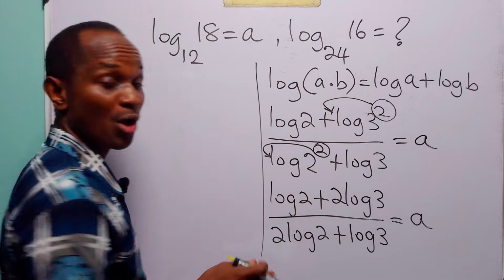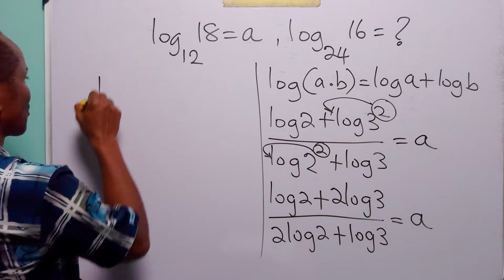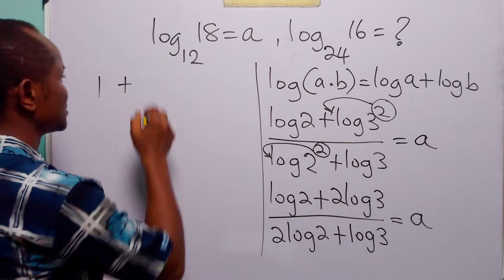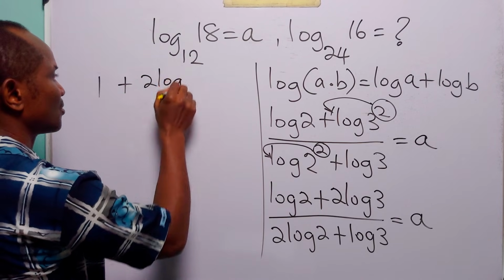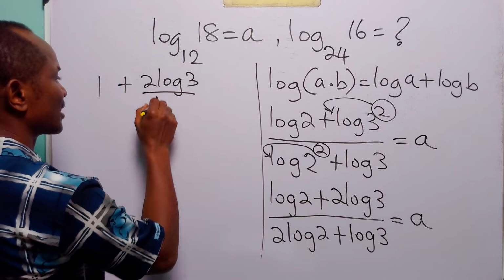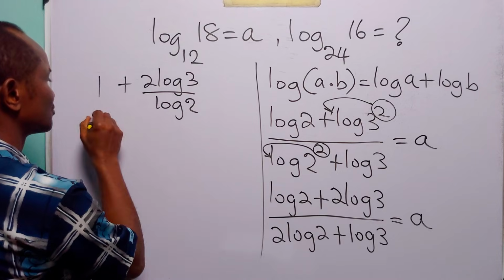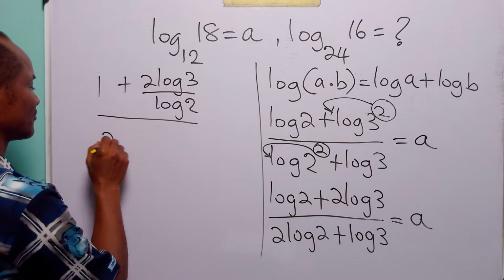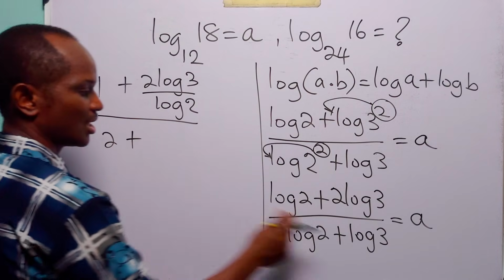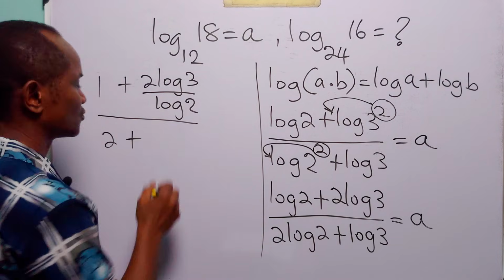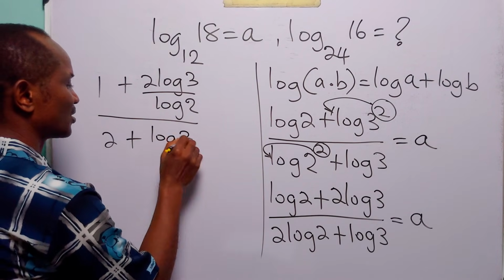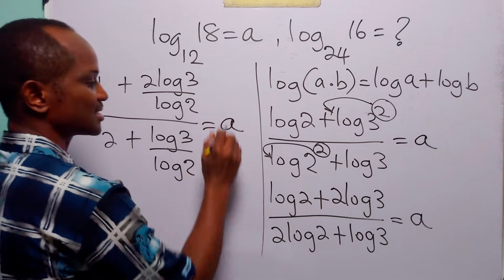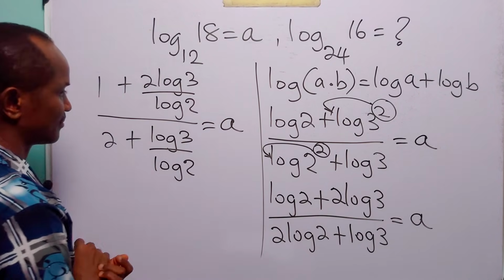So log 2 divided by log 2 is 1. 2 log 3 divided by log 2 gives us 2 log 3 over log 2. 2 log 2 divided by log 2 gives us 2. Log 3 divided by log 2 gives us log 3 over log 2. And of course, this is still equal to A.